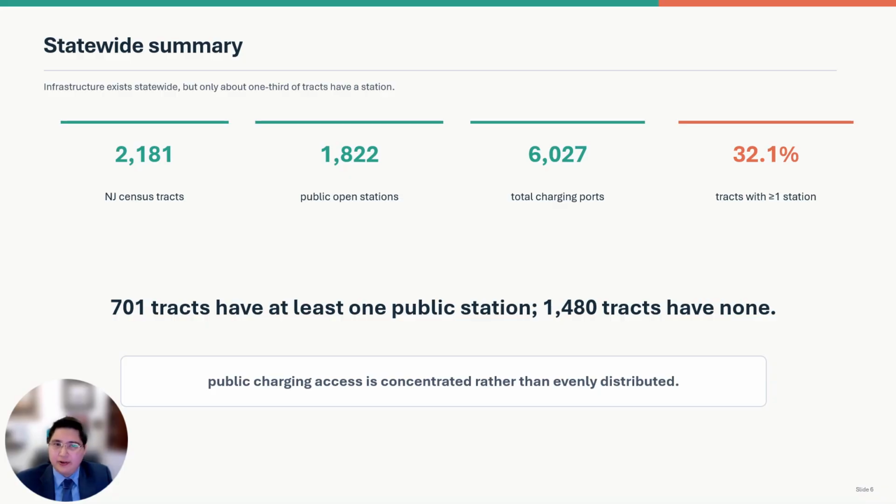Only about one-third of New Jersey census tracts contain at least one public charging station, which means that 701 tracts have a station, while 1,408 tracts have none. So even though there is a sizable public charging network statewide, the access is not evenly spread across neighborhoods. This is the first major sign that public charging access is concentrated.